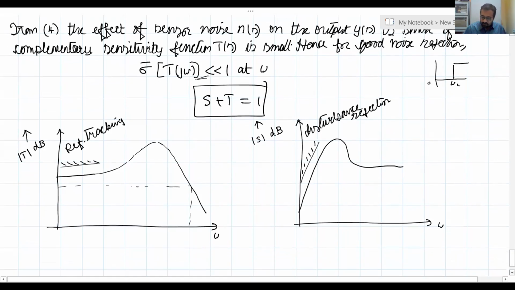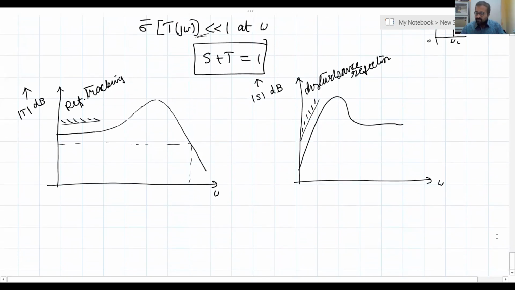Okay, so let me write what I said here. Keep in mind this x-axis is logarithmic scale.